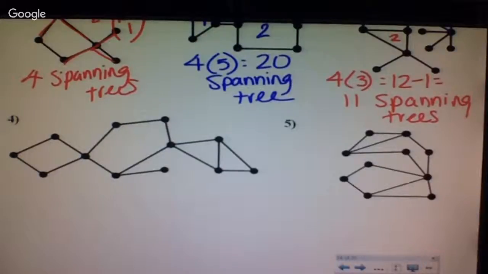This time they have 4. Woo! Number 4's got a lot. But okay. So Kimberly said we've got 4 circuits here. I've got this circuit, this circuit, this circuit, and this circuit. Okay. So these 2 share a line in common.